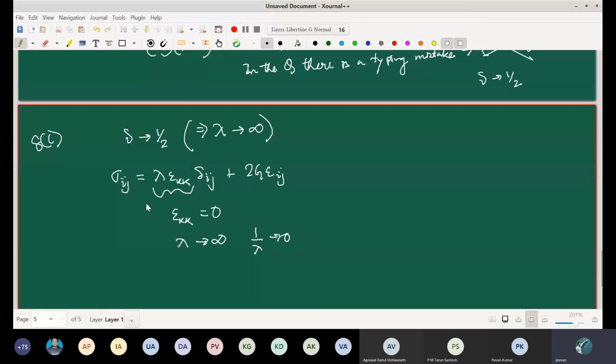So this term is the 0 by 0 form, or equivalently the infinity by infinity form, whichever way you want to look at it. Either way, this is an indeterminate form, so this is something we have to be careful about.